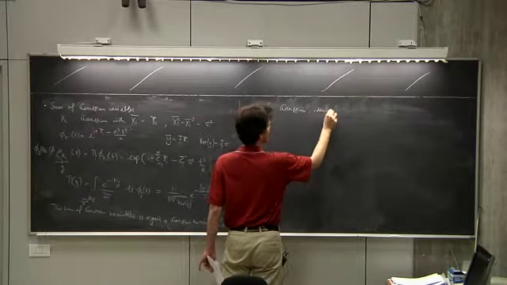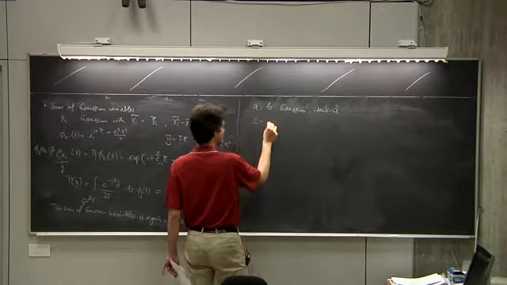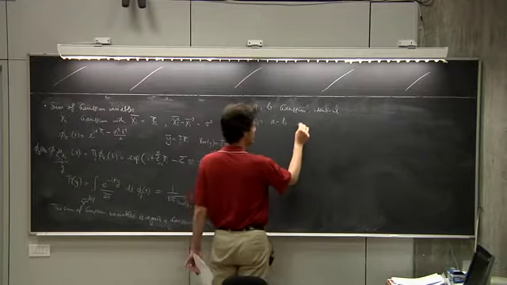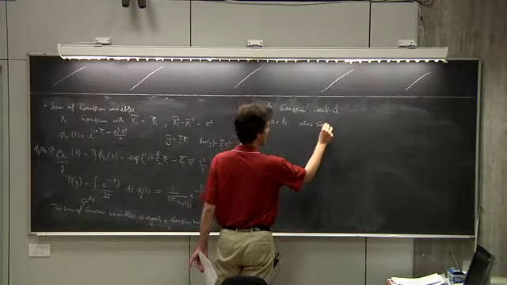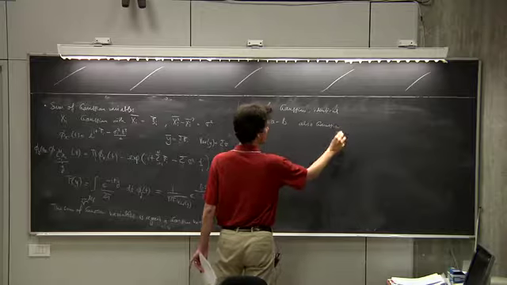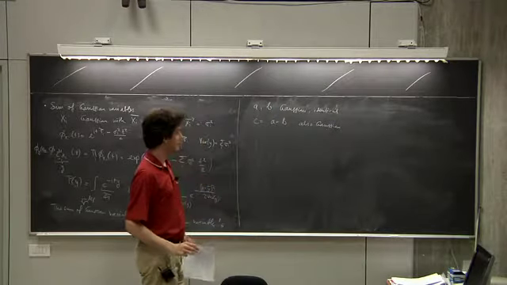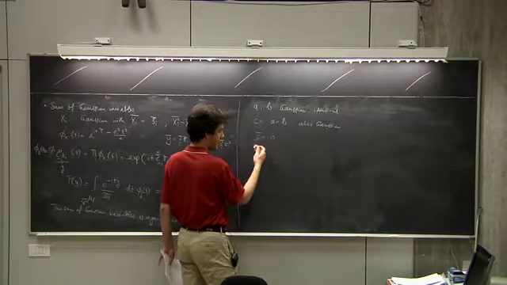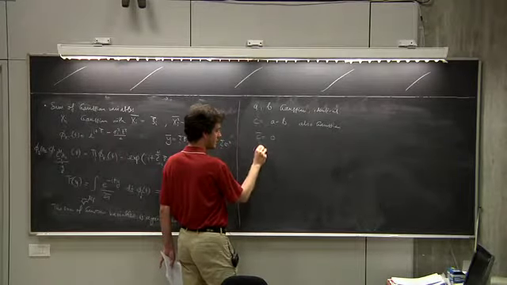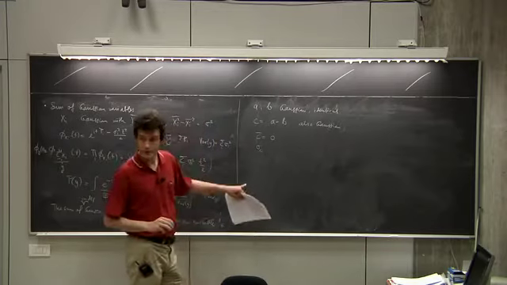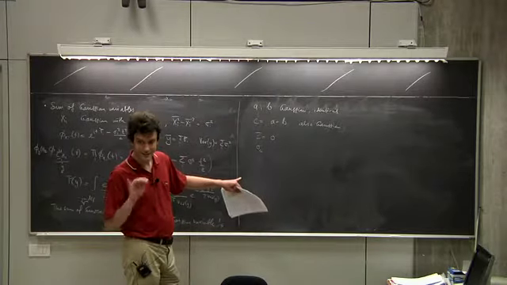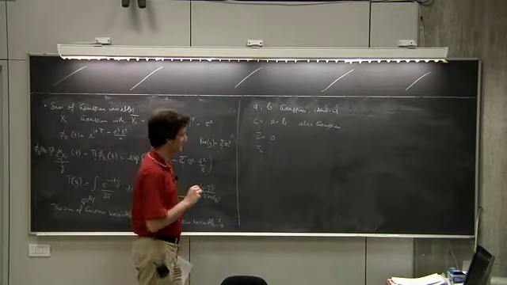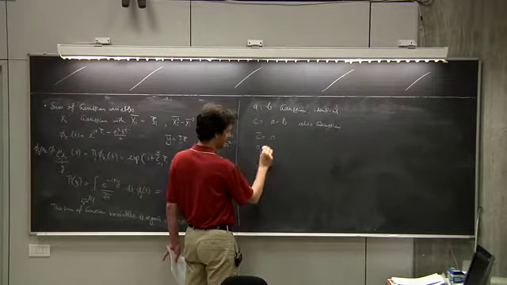So now we just say that C equals A minus B is also Gaussian, right? And with what parameters? Zero mean, and the variance? Zero variance is very easy. No, the variance of the sum of the variances.